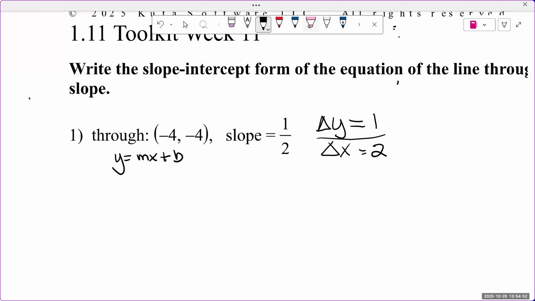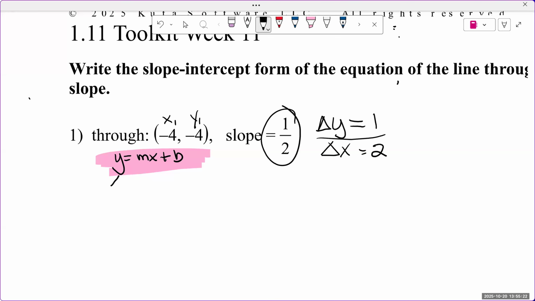So we start with the slope-intercept form of the equation, the generic form, and plug in what we have. So we have x and y. Now this right here is not the y-intercept. It is a random y value that only happens when x equals -4. If x was 0, then we would have the y-intercept.